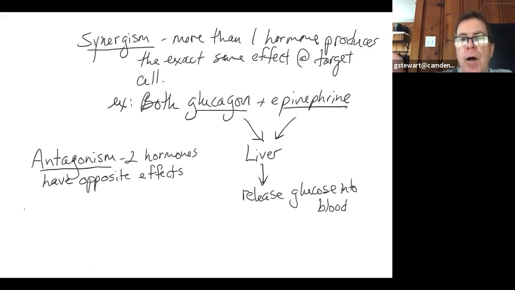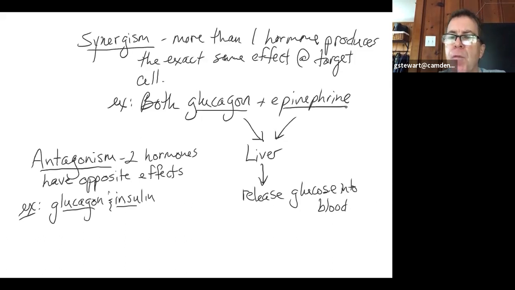A classic example of antagonistic hormones are glucagon and insulin. They're both secreted by the pancreas.